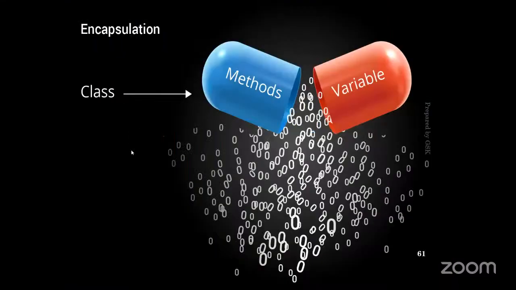Capsules: in our life, we may find capsules and tablets. Within that we have medicine in the form of a powder. Combining that plastic coat and powder makes a capsule. So this is just like combining variables and methods to create the process of encapsulation.